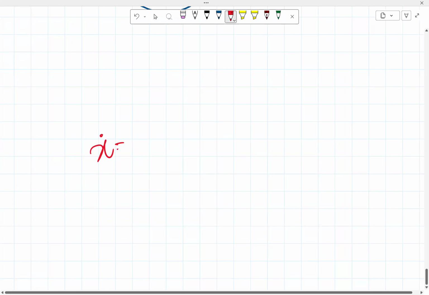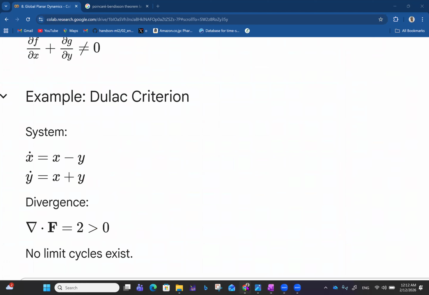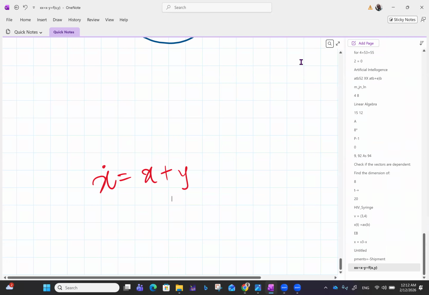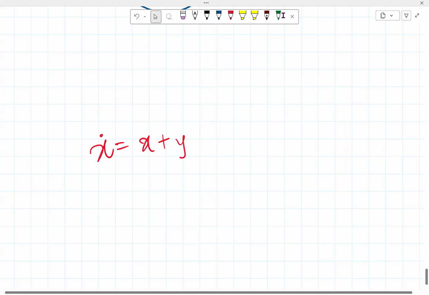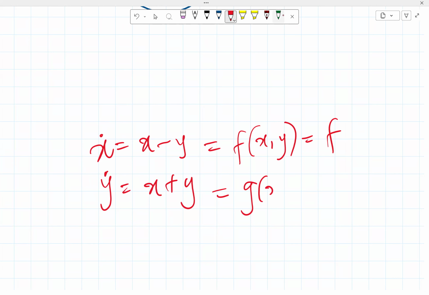X dot is x minus y. Y dot is x plus y. Like we said, this is f of x comma y, or you can simply call it f. This is g of x comma y, and you can easily call it g.